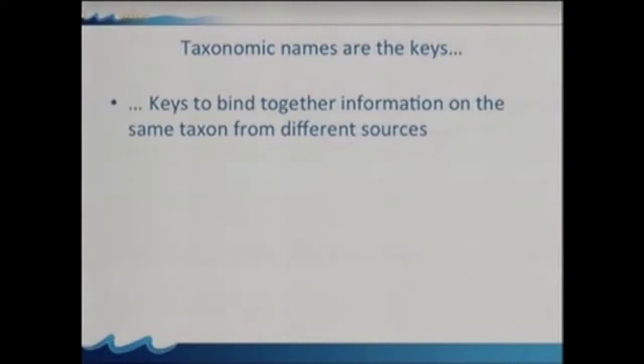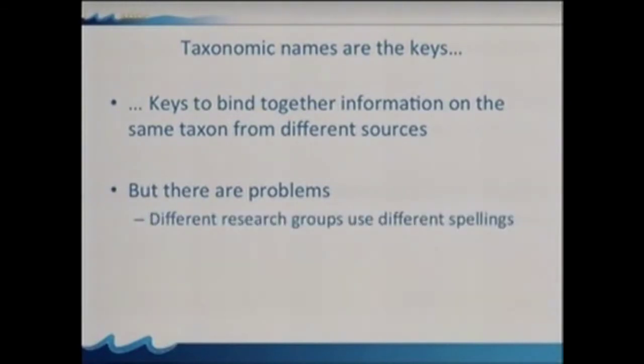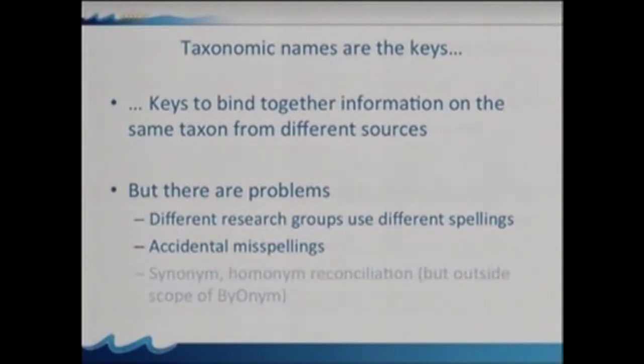So taxonomic names are really the keys to bind together the information on a single taxon from the different sources. But there can be, of course, some problems. A lot of variation exists in the way that people spell different taxonomic names. And then there are also, of course, different accidental misspellings.